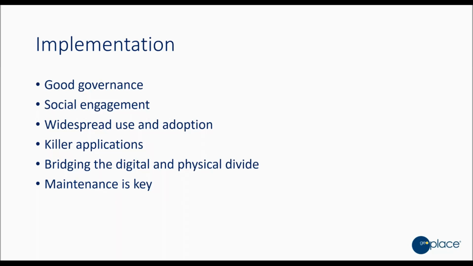So a common way to kickstart any implementation is to identify what we call killer applications that the unified addressing system will benefit most. These are usually high-profile transformation projects, either in the public or private sector, that really need to use an address to make them successful.